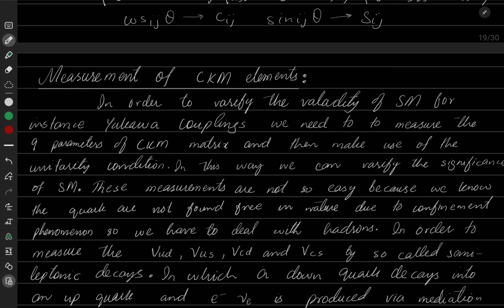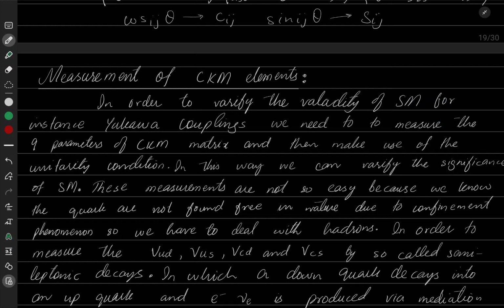So first of all, in order to validate the standard model theory, for instance, we can see the Yukawa coupling. When we do the Yukawa coupling, we needed to introduce the CKM matrix in the charged current Lagrangian term of the electroweak Lagrangian.